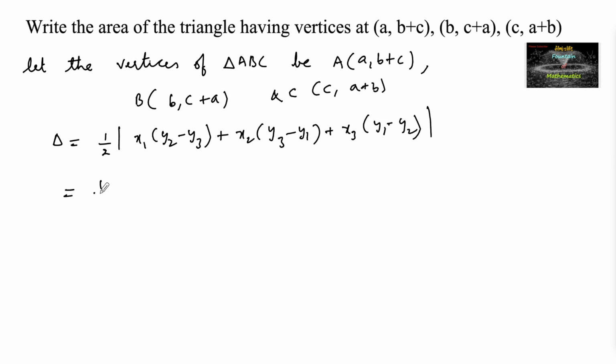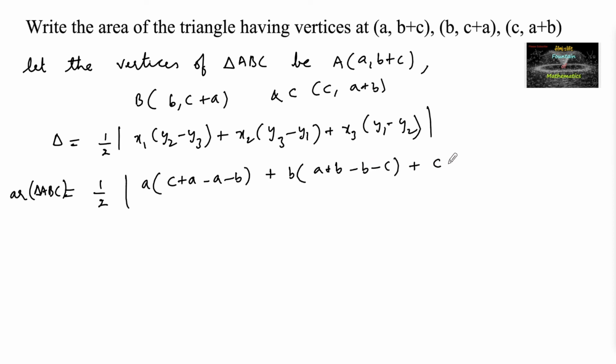So the area of triangle ABC can be taken as half x1, that is a times y2 minus y3, that is c plus a minus b, plus x2, that is b times y3 minus y1, that is a plus b minus c, plus c times y1 minus y2, that is b plus c minus a.